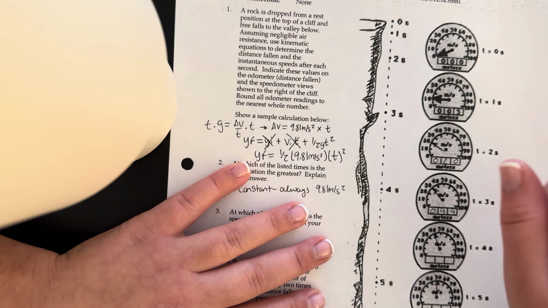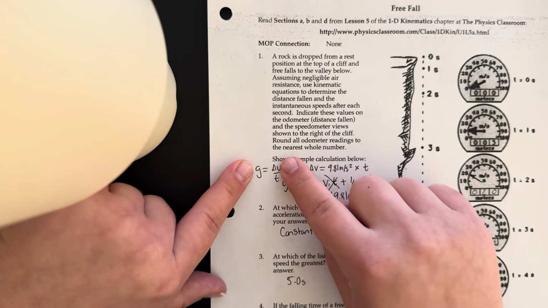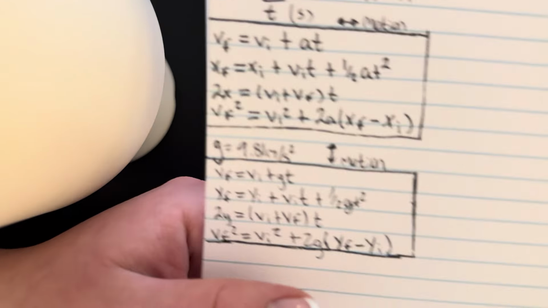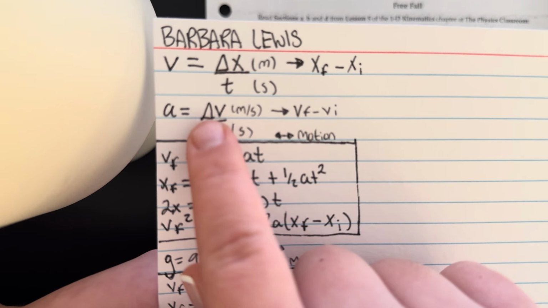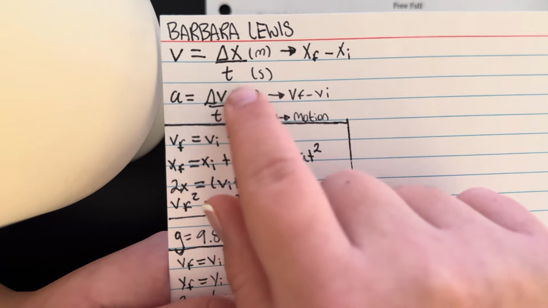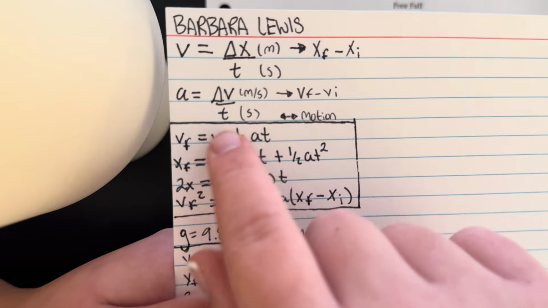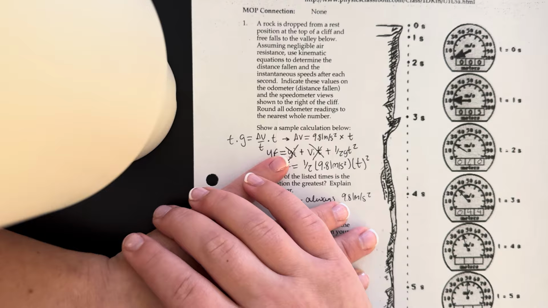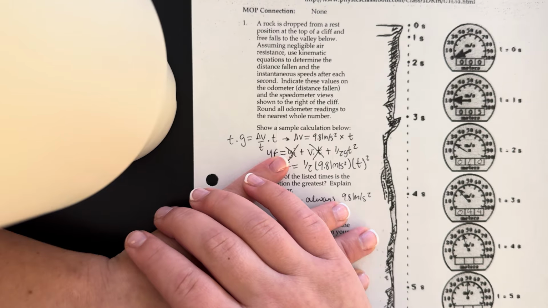To figure out the speed, we can use this equation. I got this equation from our average acceleration equation, which has velocity over time. We already know the average acceleration for any falling object is negative 9.81 meters per second squared.